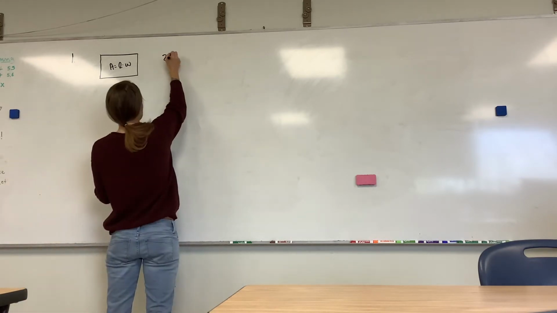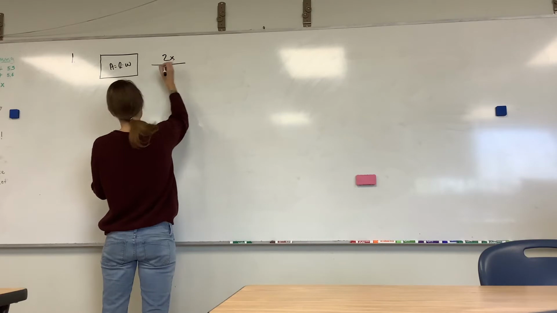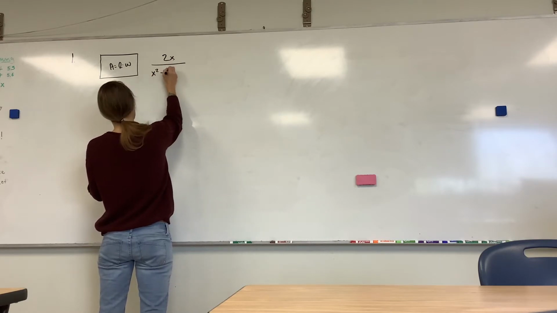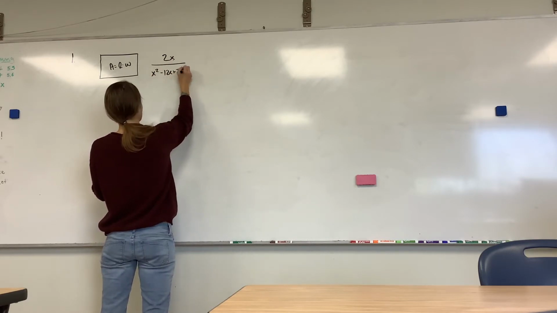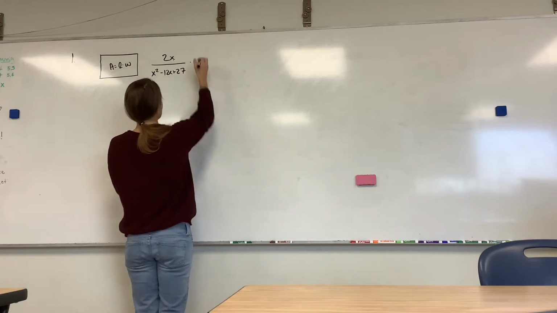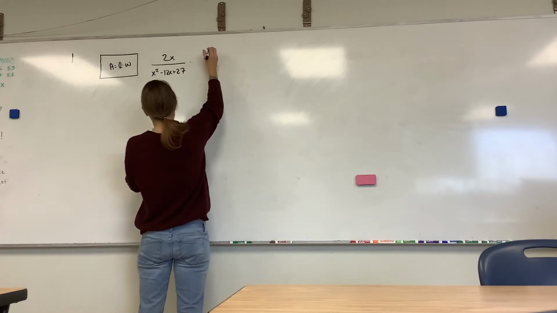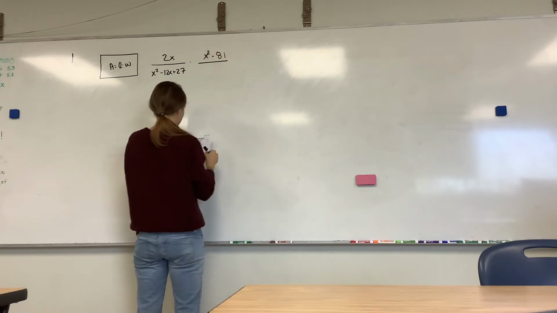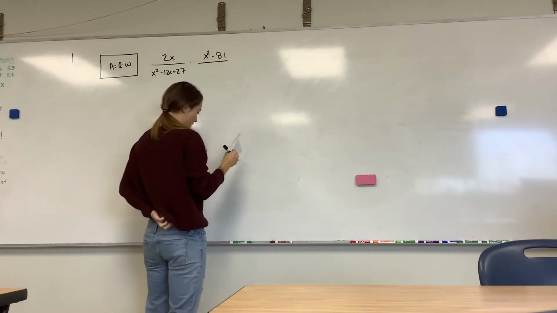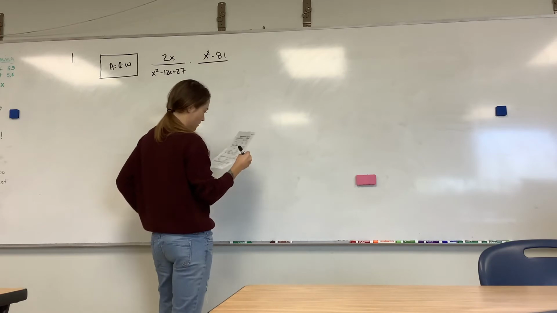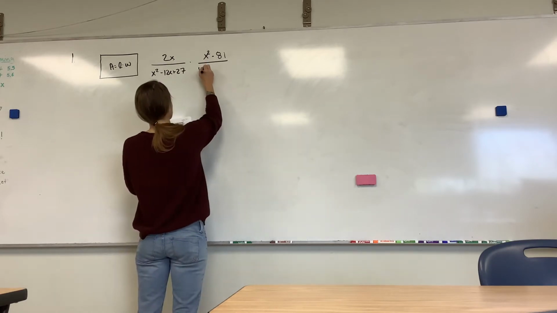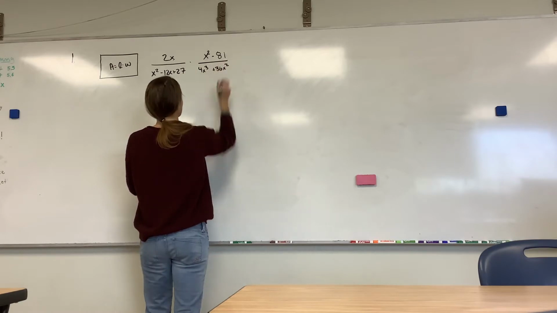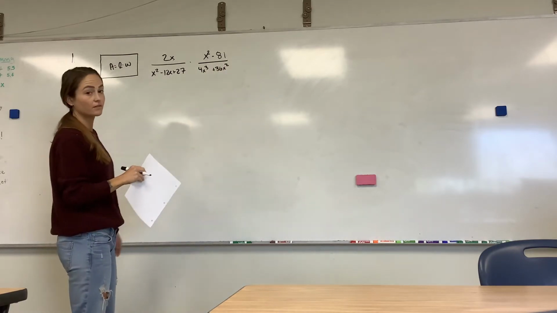So you have 2x over x squared minus 12x plus 27 times x squared minus 81 all over 4x cubed plus 36x squared. So this is our length times our width.